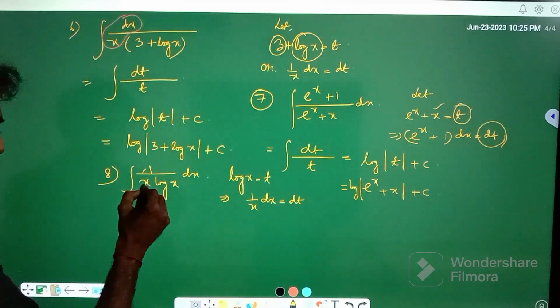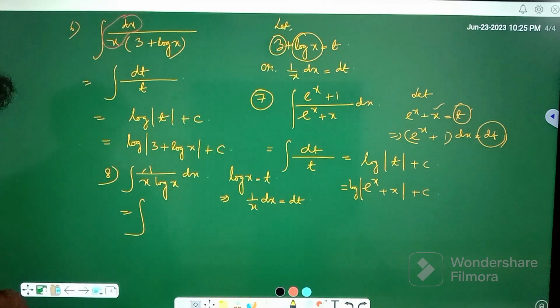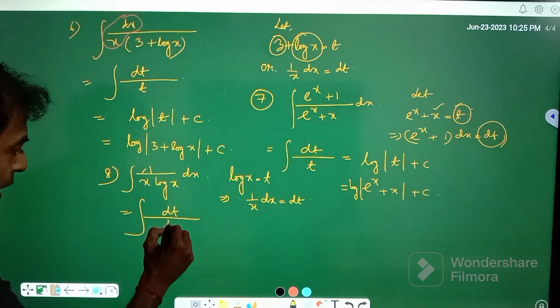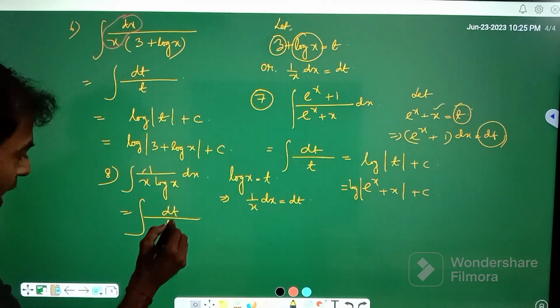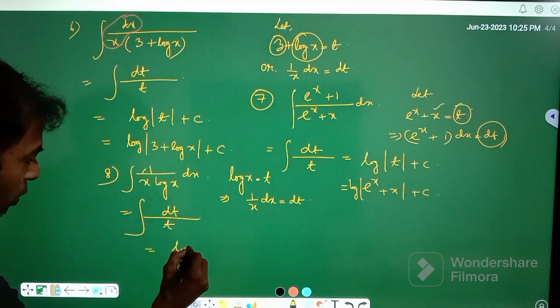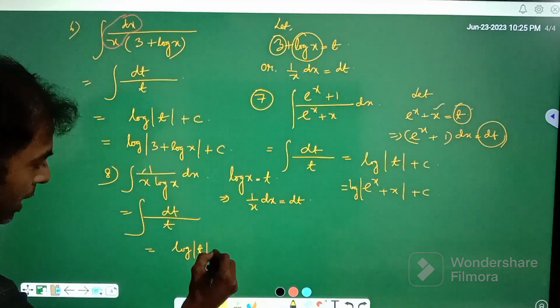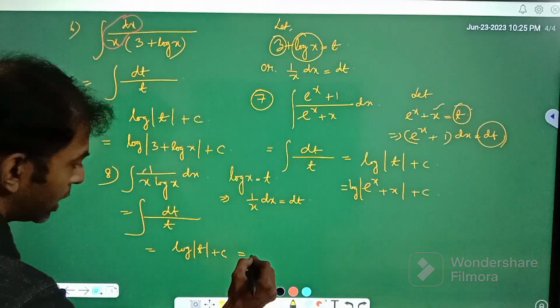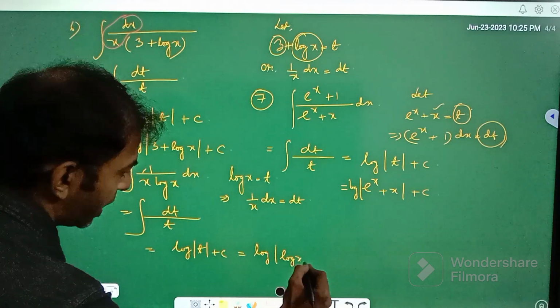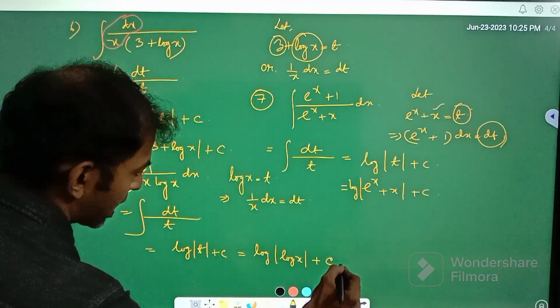So the dx by x part will be transformed into dt, and the log x part will be converted into t. So that's dt by t, and that's the standard integral formula, log modulus t plus c. And we all know that the value of t is log x. So the answer will be log modulus log x plus c.